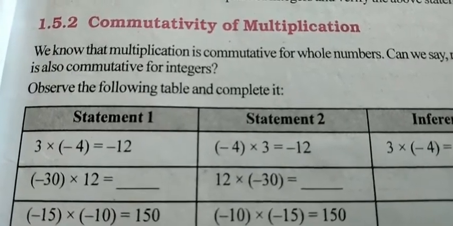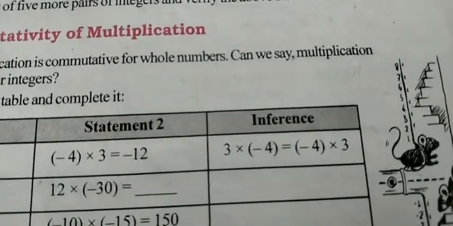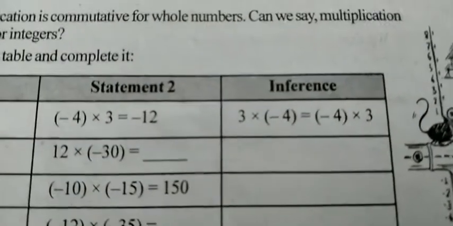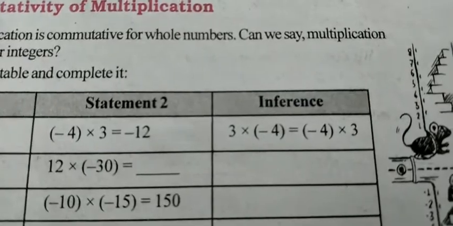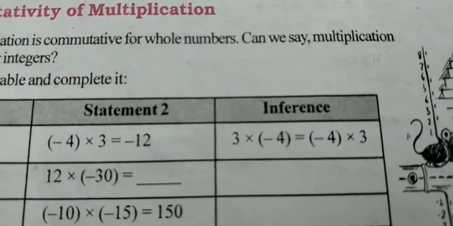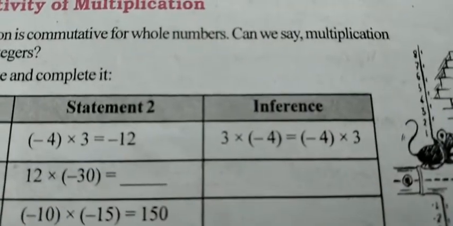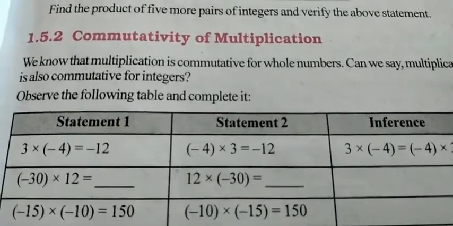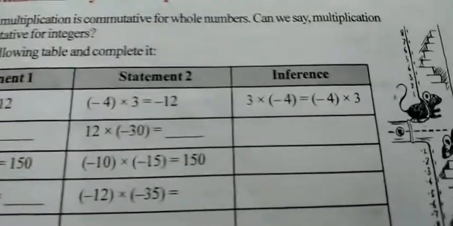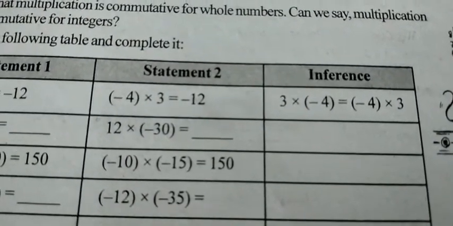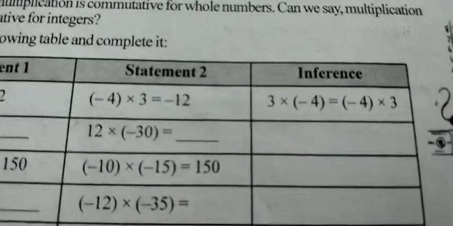So what is the conclusion? What is the inference? The conclusion is that 3 multiplied by minus 4 is always equal to minus 4 multiplied by 3. That tells you commutativity of multiplication, that when any two integers are multiplied in any order, the answer remains the same.